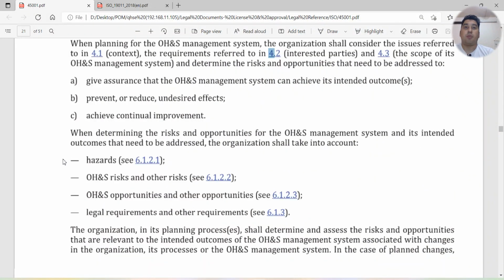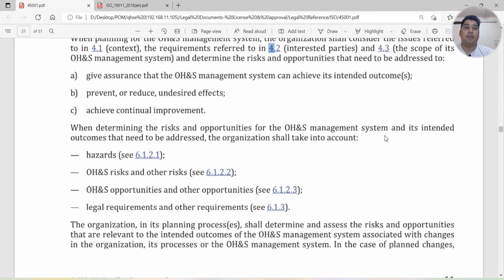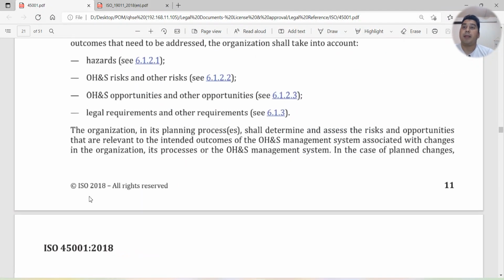When determining the risks and opportunities for the occupational health and safety management system and its intended outcomes that need to be addressed, the organization shall take into account hazards. 6.1.2.1, we will see that one: OHS risks and other risks, OHS opportunities and other opportunities, legal requirements and other requirements that need to be considered.